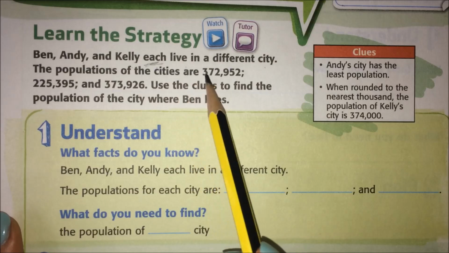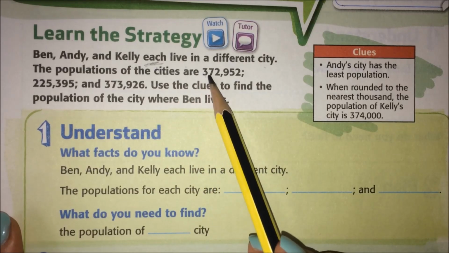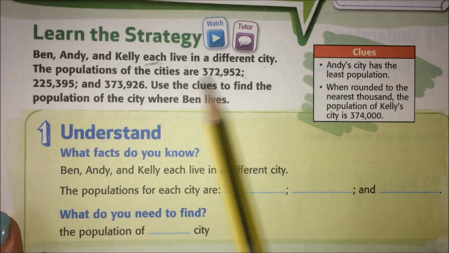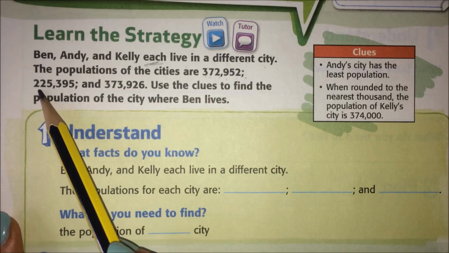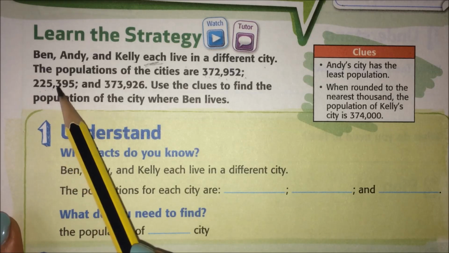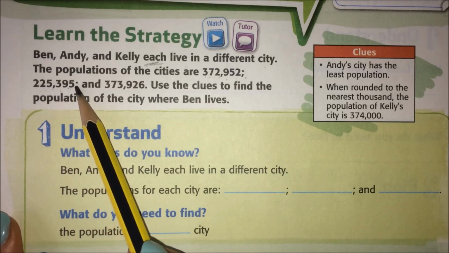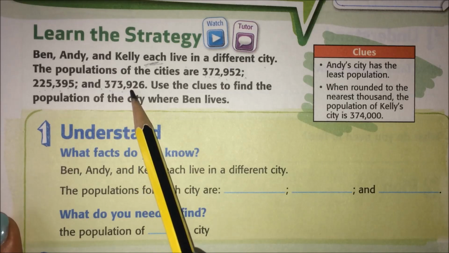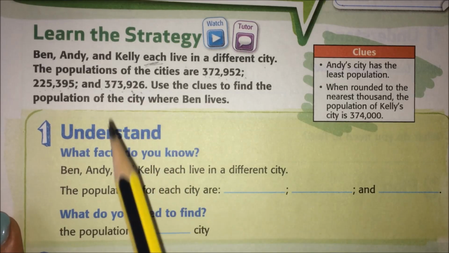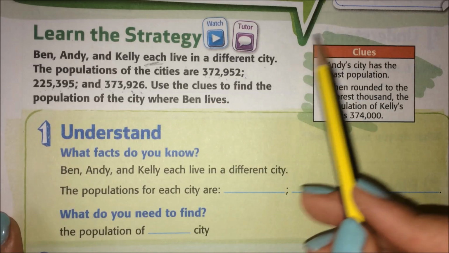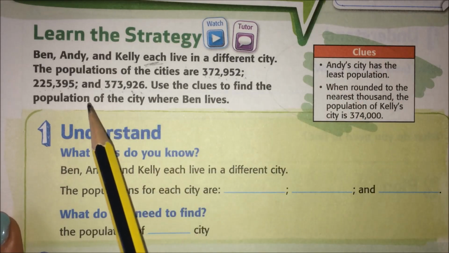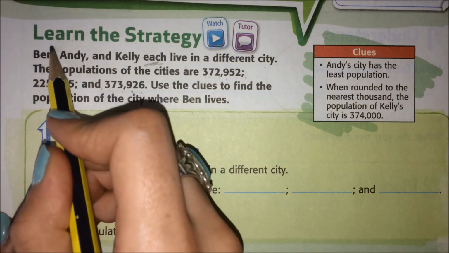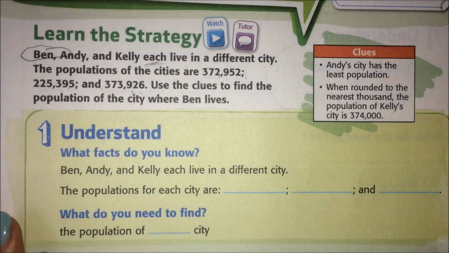The populations of the cities are 372,952, 225,395, and 373,926. Use the clues to find the population of the city where Ben lives. Okay, so we're focusing on Ben.